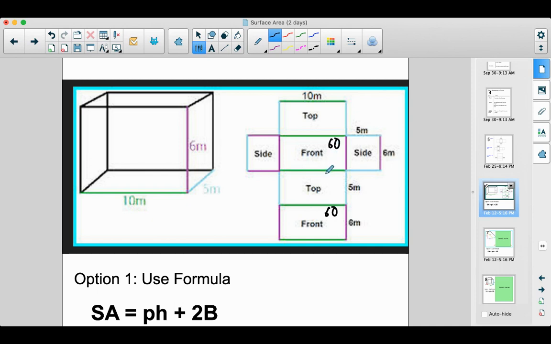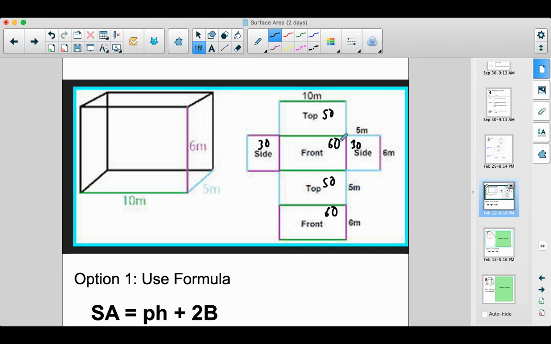That's not going to be true with triangles, so you've got to be careful, but it is true with rectangular and square prisms. The bottom is 10 by 5, and so is the top. So 10 times 5 is 50. The top is 50, the bottom is also 50. The sides are 6 by 5, so those are each 30. Same on both sides.